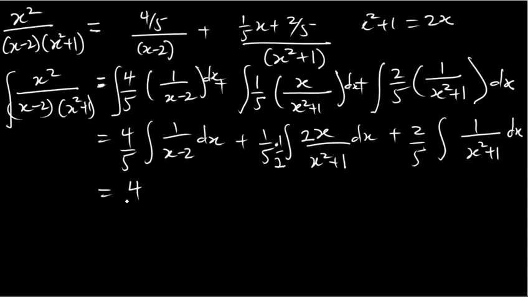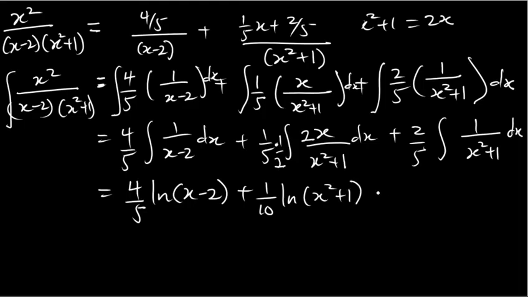So which is going to give me 4 on 5 ln of x minus 2, plus this 1 on 5 by this will be 1 on 10 ln of x squared plus 1, plus 2 on 5 integral of 1 on x squared plus 1.